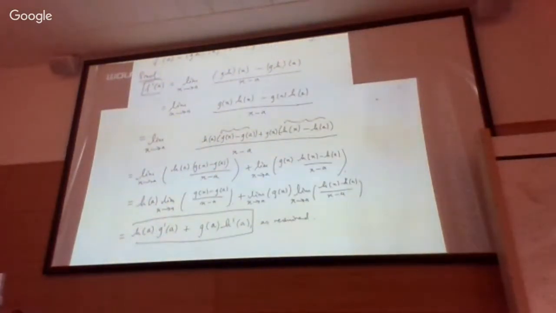Okay, so that's good. We've got linearity and product. We've dealt with addition and multiplication. So other things we have to deal with are quotients of functions, and then crucially, composition of functions.